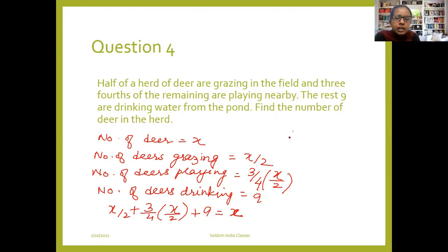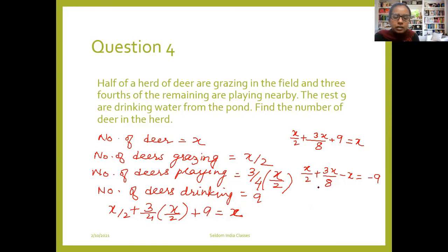So x by 2 plus 3x by 8 plus 9 equals x. Adding x terms, x by 2 plus 3x by 8 minus x equals minus 9. Move the x terms to the left hand side and numbers to the right hand side.